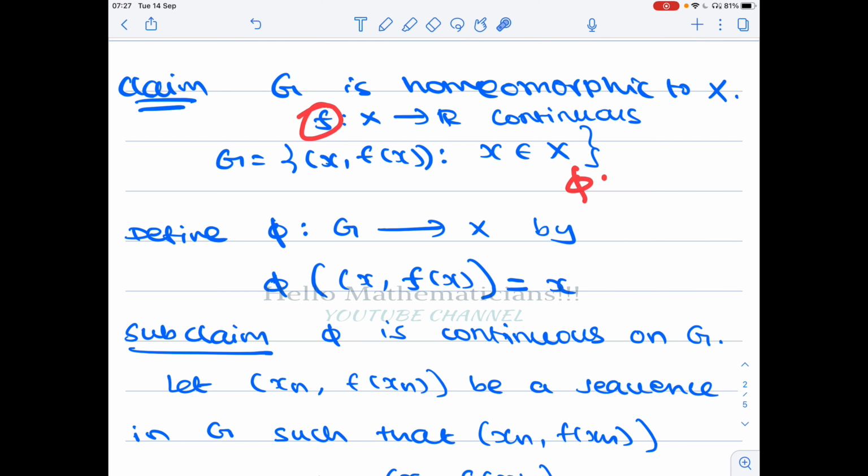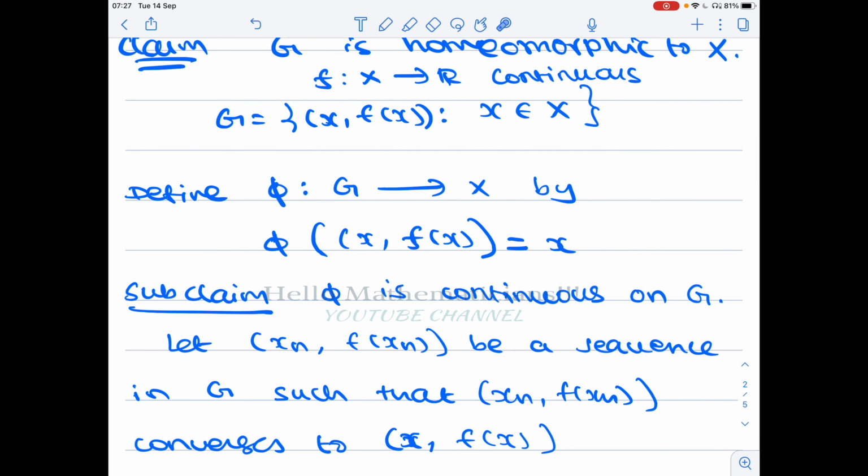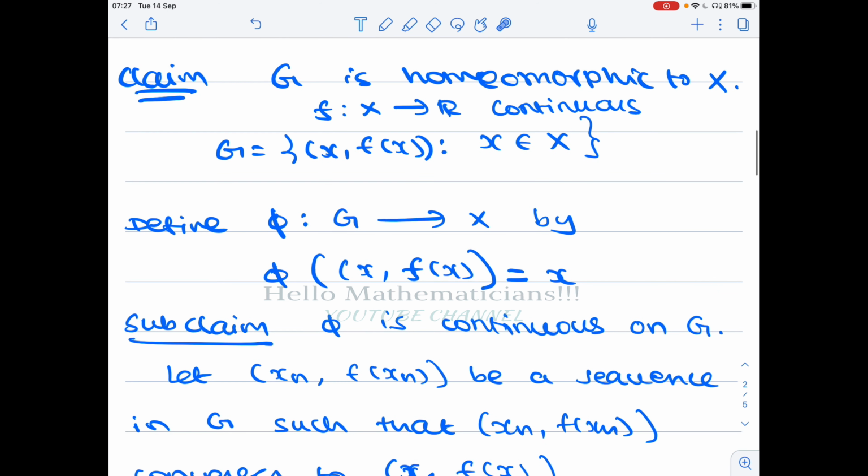So we define a function phi from G to X such that phi is continuous and phi inverse is also continuous. Let's see. We define a function phi from G to X by phi of (x, f(x)) goes to x. Note that every element of G is of the form (x, f(x)). So we define phi on (x, f(x)), and the image is this x.